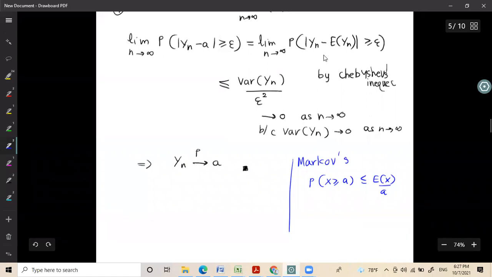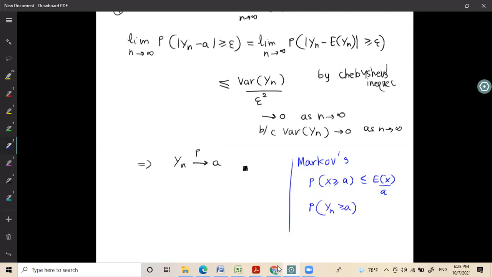Here, how do you arrange this to look like this? You have to have Yn greater than or equal to A, right? What you have is |Yn minus A| greater than or equal to epsilon.